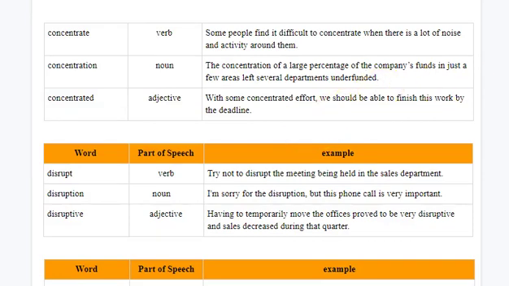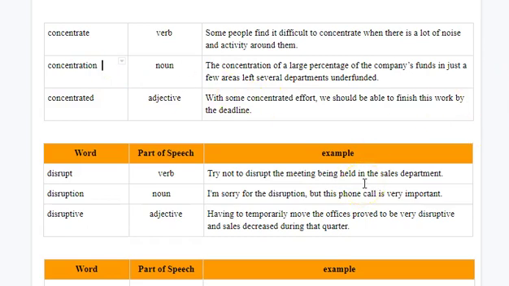Concentrate. Verb. Some people find it difficult to concentrate when there is a lot of noise and activity around them. Concentration. Noun.